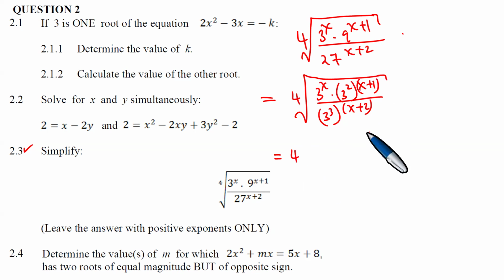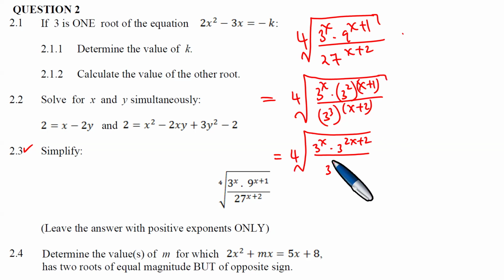So you have the fourth root, which is 3 to the power x, 3 to the power, here we have 2 times x plus 1, which is 2x plus 2, and this is 3x plus 2. What do we do here after this?